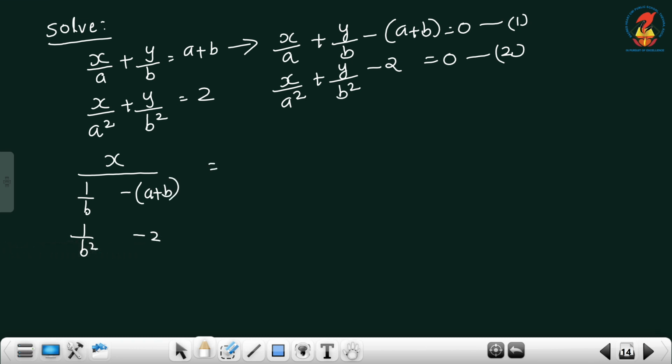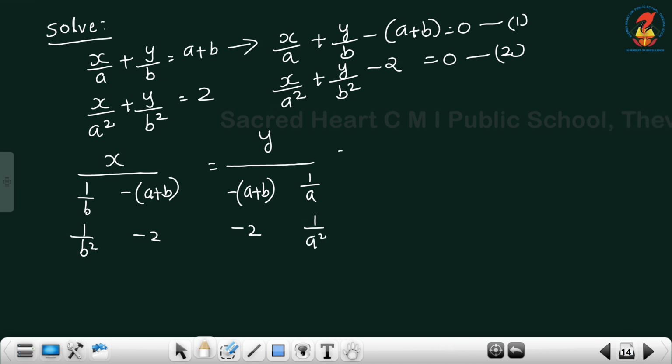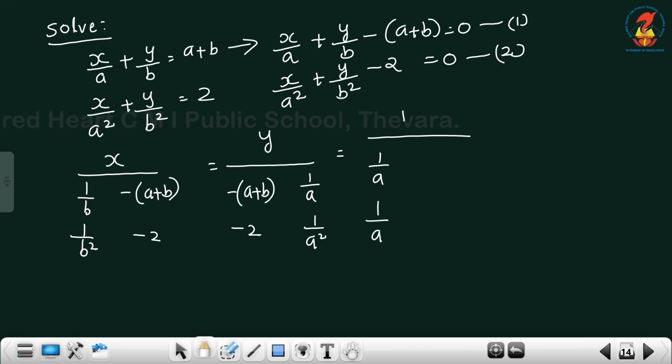Okay, is equal to y by, cover this y term. Then first you start from here, negative of a plus b, negative 2, next 1 by a square is equal to 1 by a square, 1 by b square.